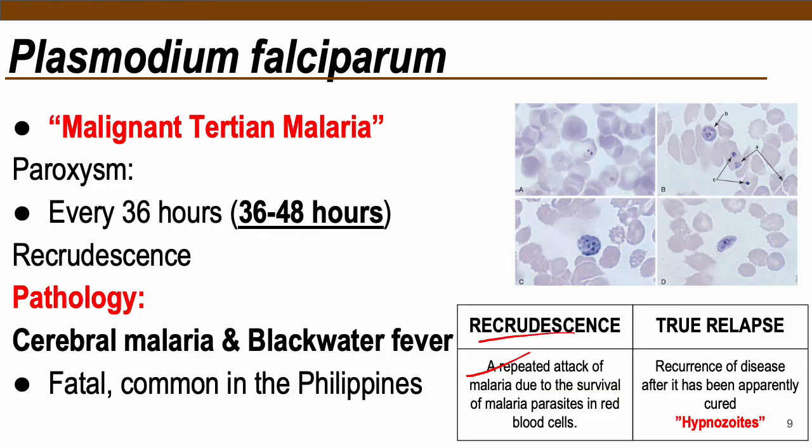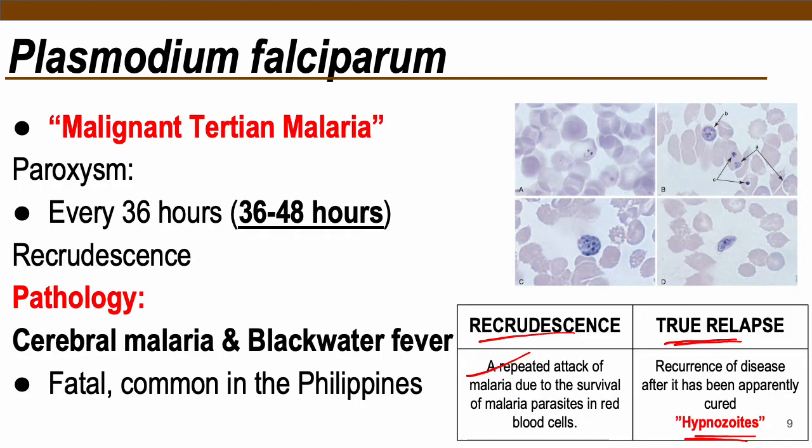This is very different from your true relapse in a way that this occurs when patients become reinfected with rupturing hypnozoites. So, sir, what are hypnozoites? Hypnozoites are a form of the Plasmodium species that are inside the liver cells, which are dormant.